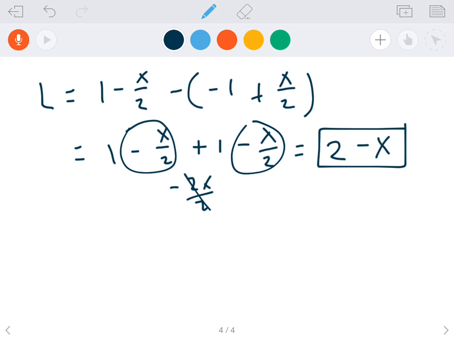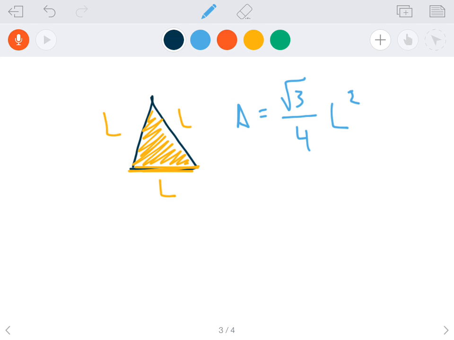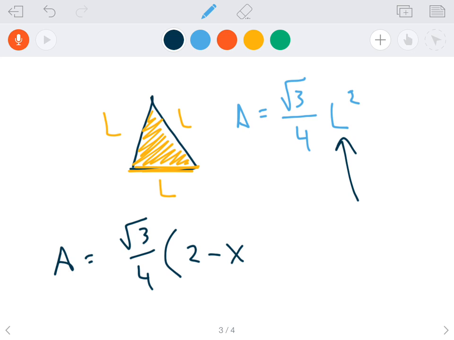Now I want to take this formula for L and plug it into my area formula. So my area is the square root of 3 over 4 times L squared. So this is the area of my cross-section in terms of my functions.